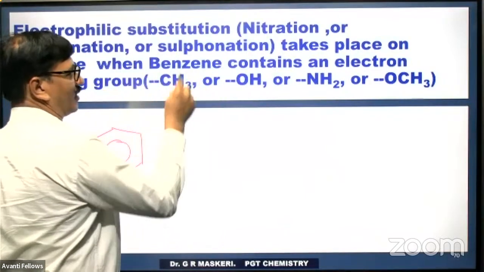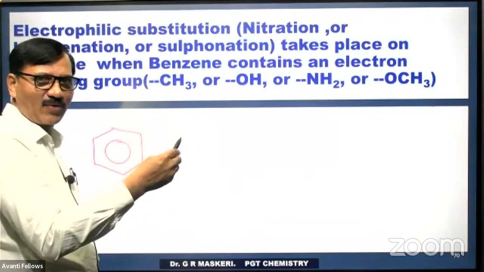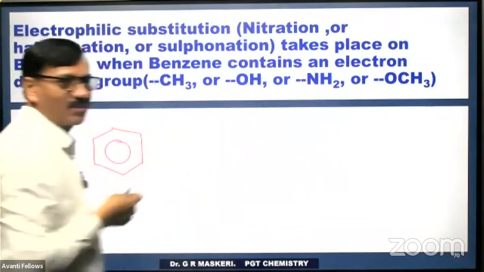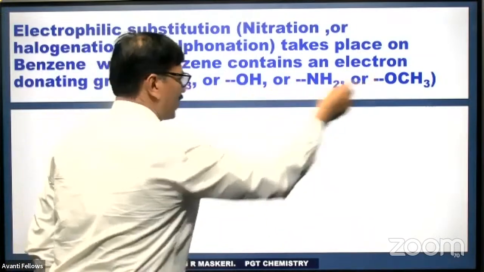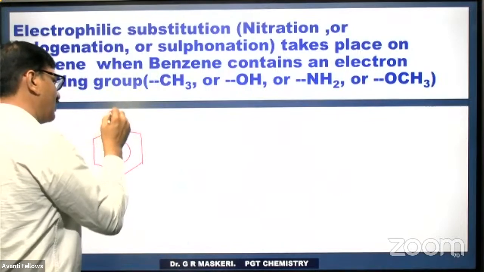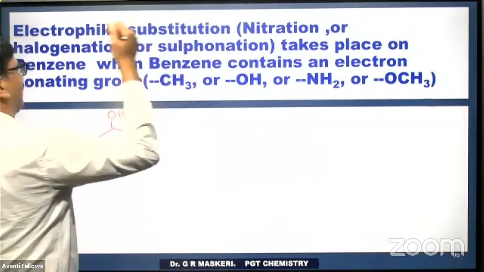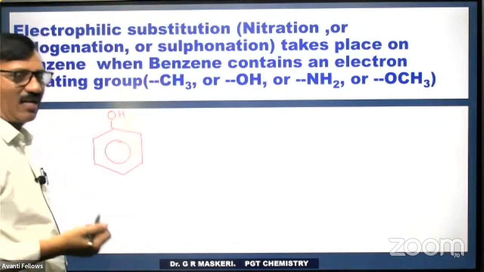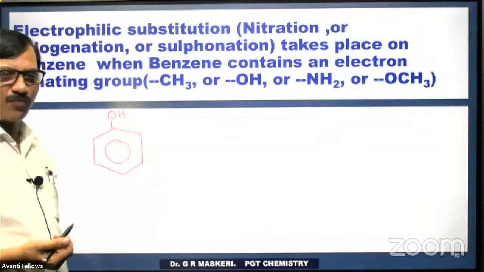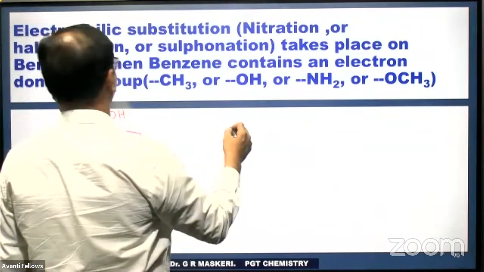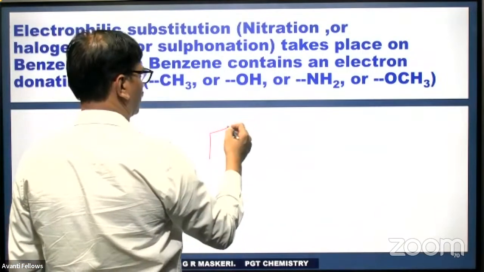If one of the groups is attached, they may give specifically this as one question, and I have combined all this. Whenever these groups are present, suppose this OH is present here, if you do nitration or halogenation or sulfonation, it is an electrophilic substitution that takes place.